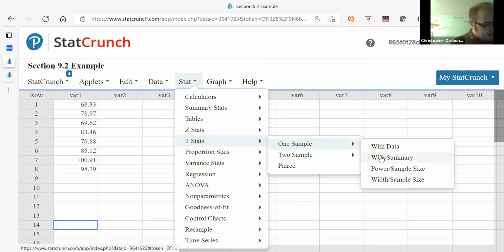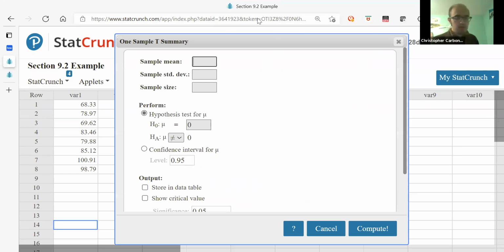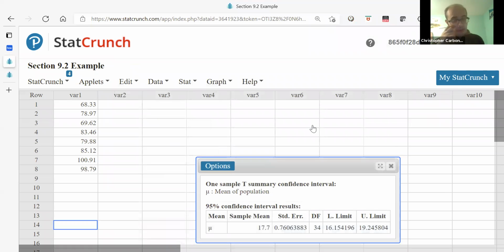This would be the With Summary option. The sample mean that we are going to use is 17.7. Sample standard deviation is 4.5. And for this one, we are using a sample size of 35. This was a confidence interval, 95%, and compute.